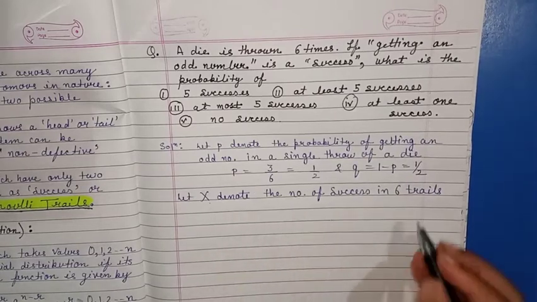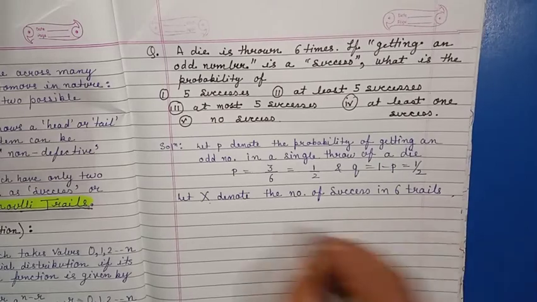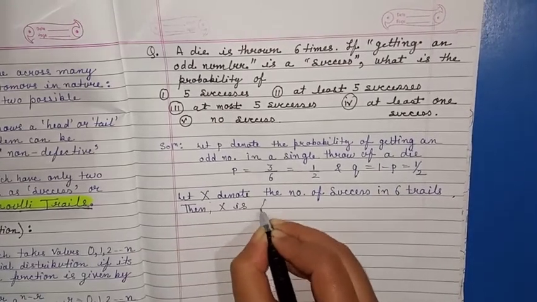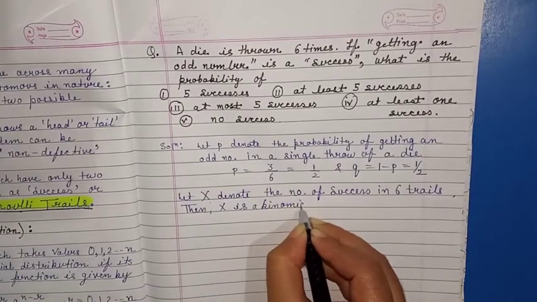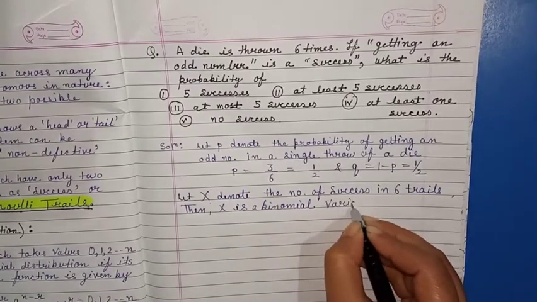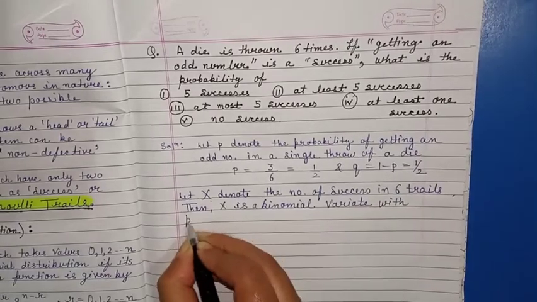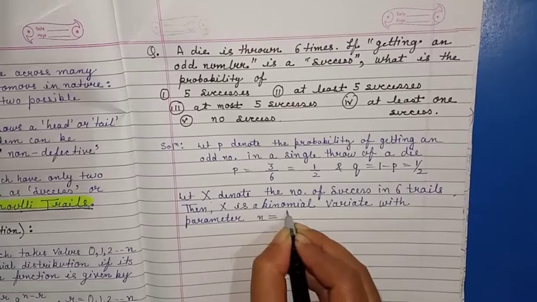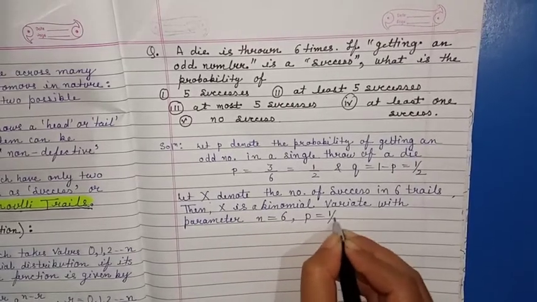So capital X is a binomial variate with parameters n equal to 6 and p equal to 1 by 2.